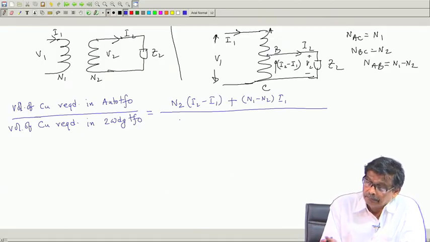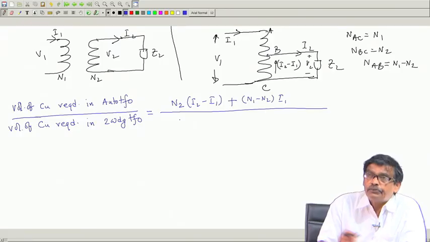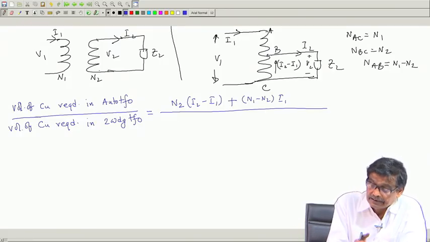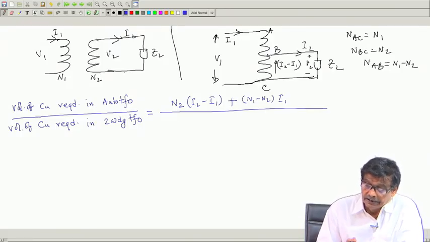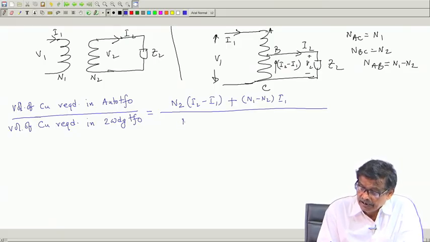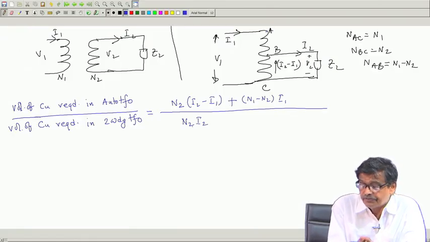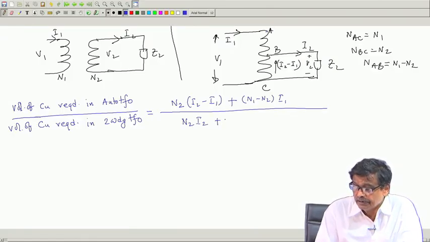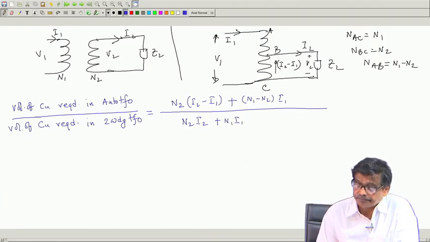Now, because these two transformers are doing the same job, the volume of copper required for this portion of the winding will be N2 into I2, and the volume of copper required for this portion is N1 into I1.